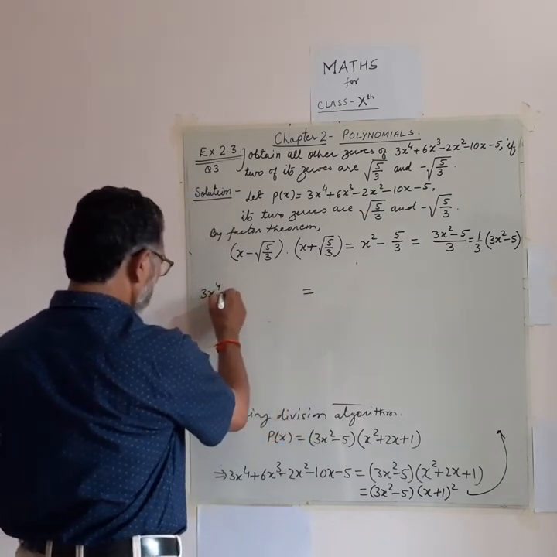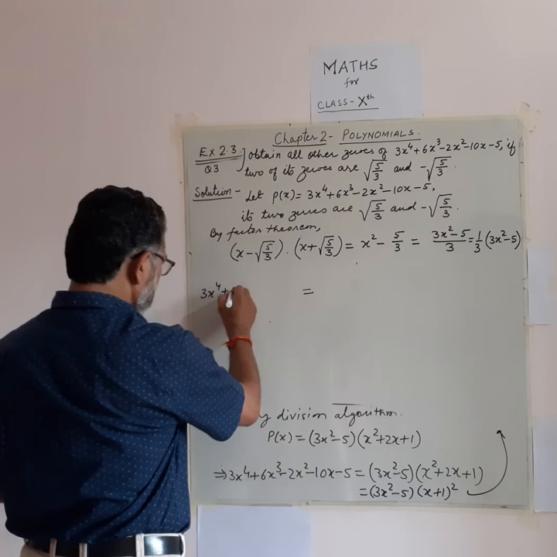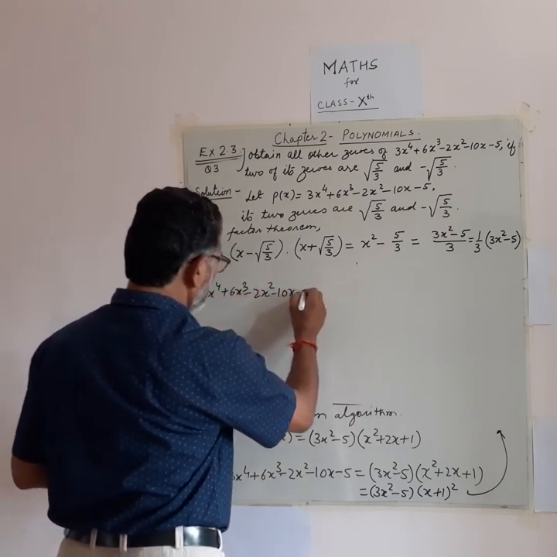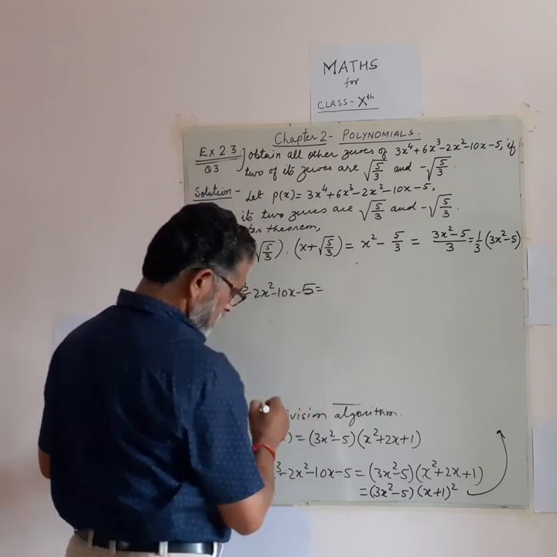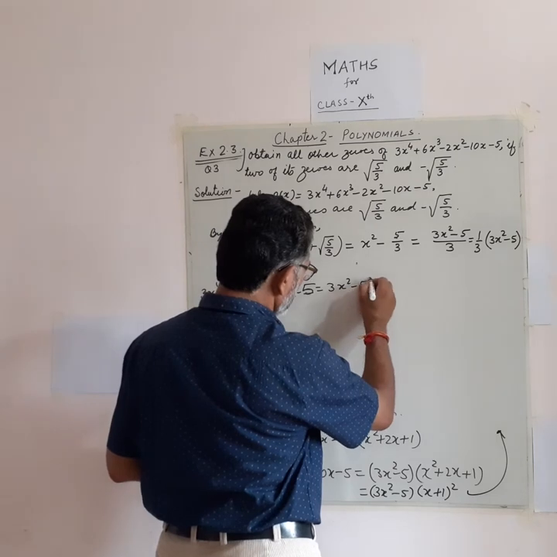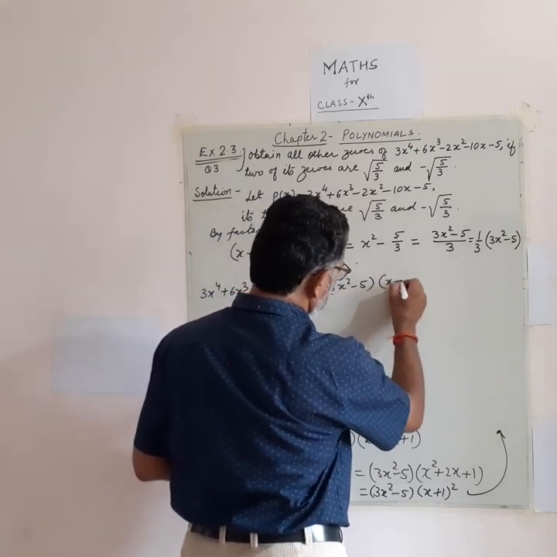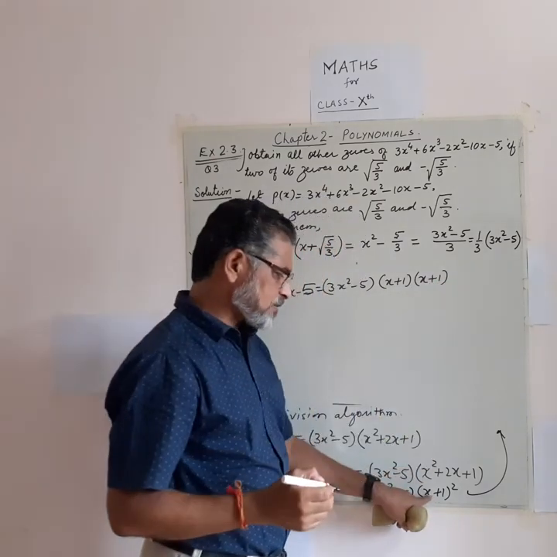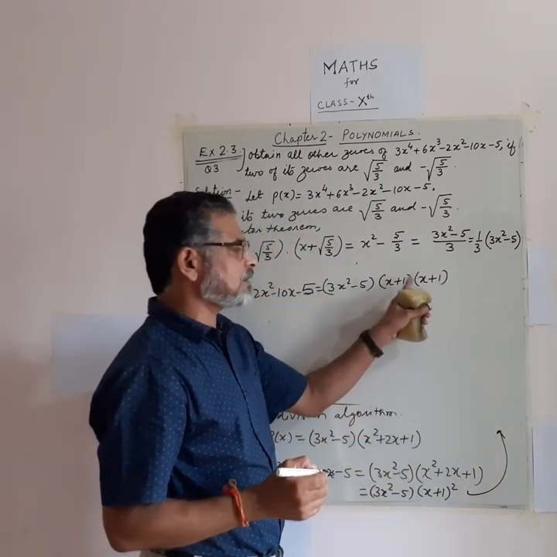3x raised to the power 4 plus 6x cube minus 2x square minus 10x minus 5 is 3x square minus 5 into x plus 1 into x plus 1. We get the same factor, x plus 1 whole square means x plus 1 into x plus 1.